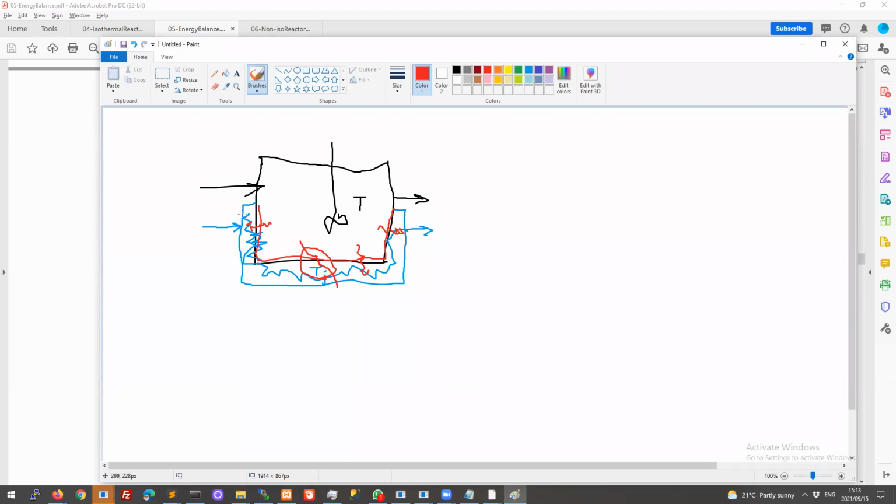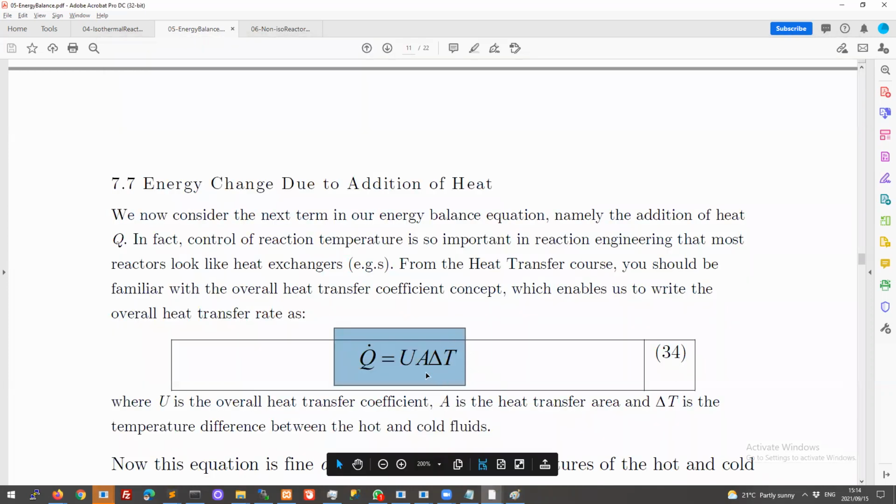Because if your temperature here is different to the temperature here, then the difference in temperature between the reactor and the jacket is different at different points across the space. However, we have clever ways in heat transfer to figure out the average temperature difference across all of that space. And so you get log mean temperature differences and things like that occurring here.